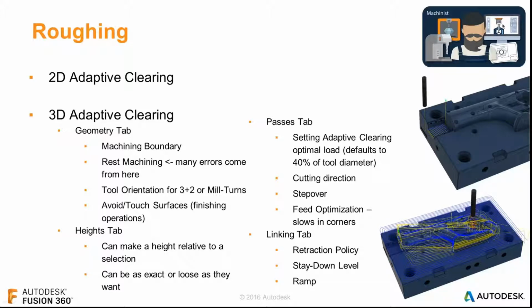You can also set your tool orientation if you are doing 3+2. For Fusion Ultimate, as I mentioned before, it has very few differences from standard Fusion. One of those differences is multi-axis machining.